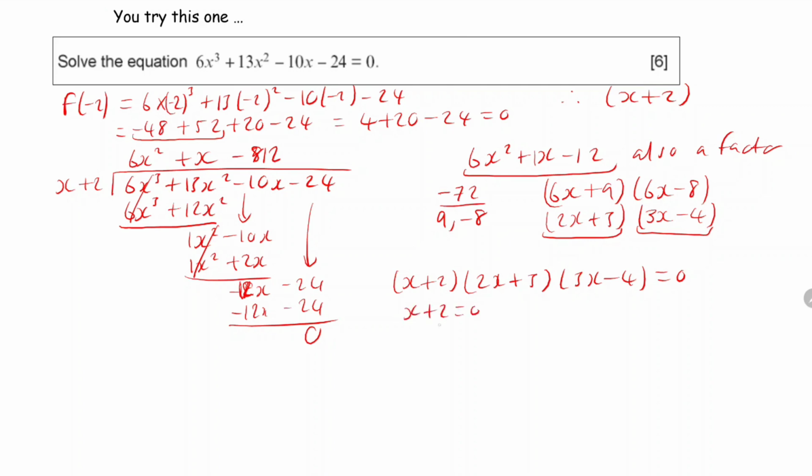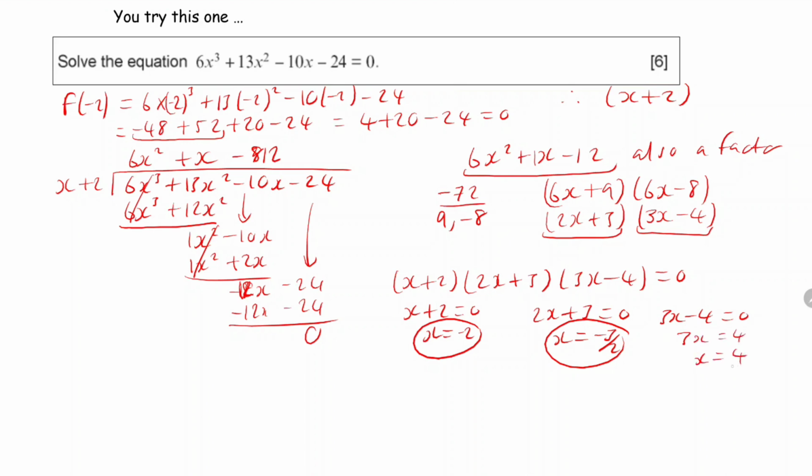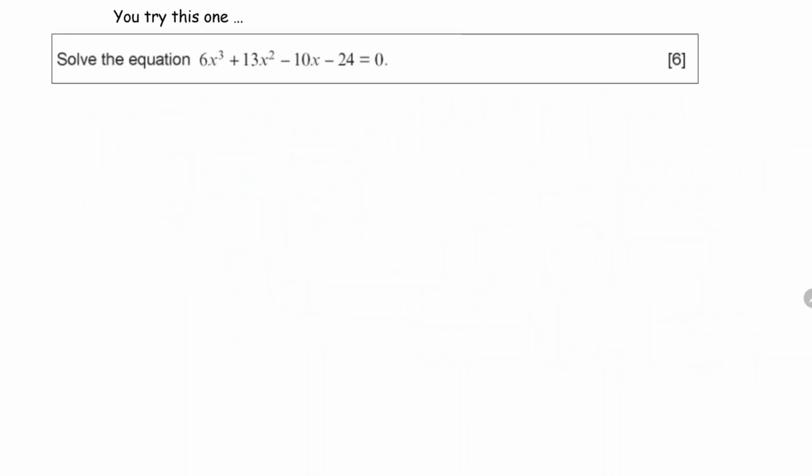So x plus 2 equals 0, in which case x is minus 2. 2x plus 3 equals 0, in which case x equals minus 3 over 2. And 3x minus 4 equals 0, in which case 3x equals 4 and x equals 4 over 3. And these are our three solutions.